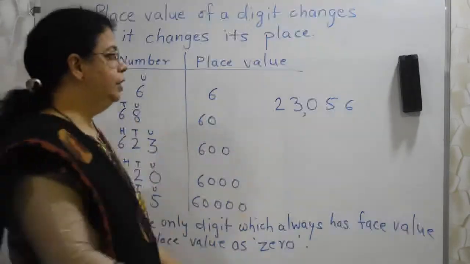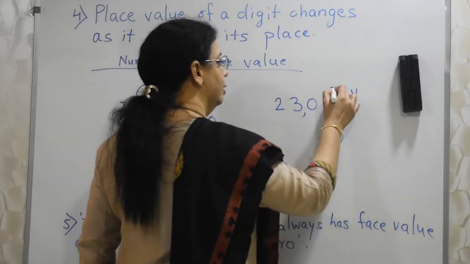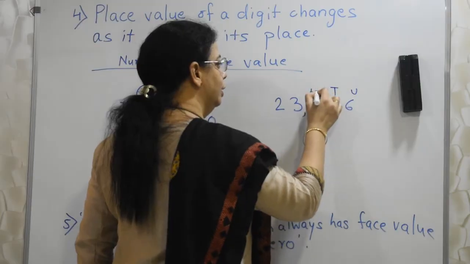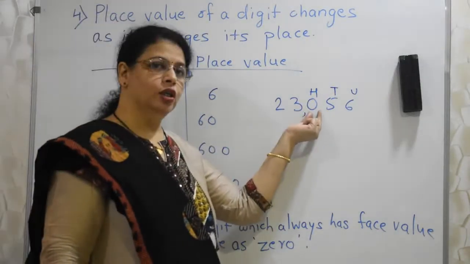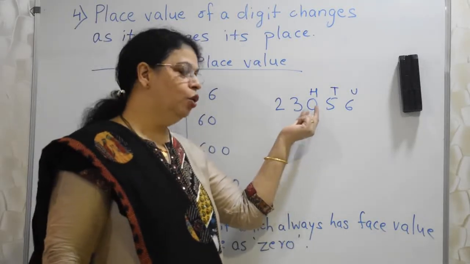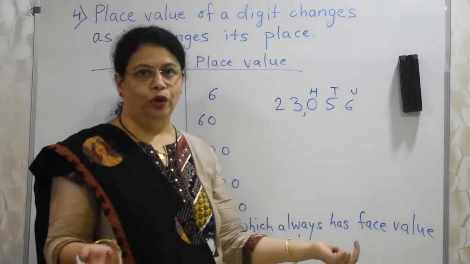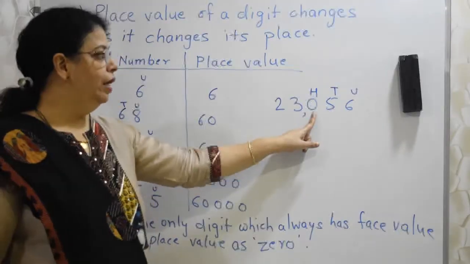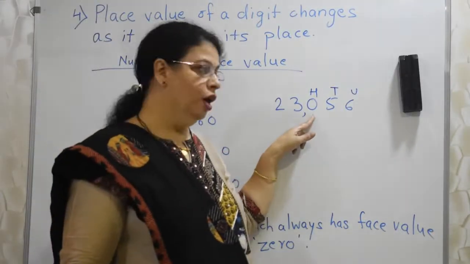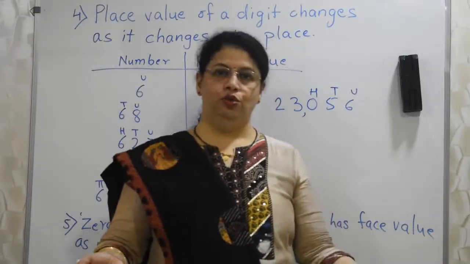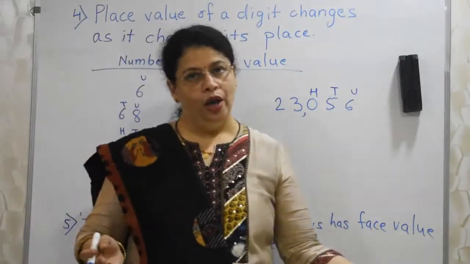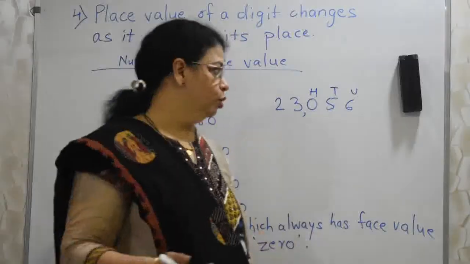Even though this 0 is in the hundreds place, just because it is 0, 0 hundreds means 0 only. So 0 will have place value 0, and face value, I told you the number itself, 0 is 0 only. So face value is also 0 and place value is also 0.